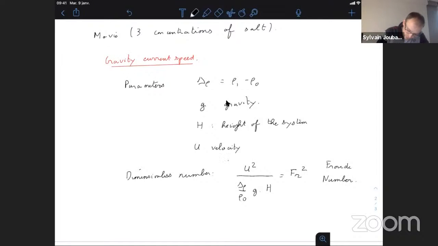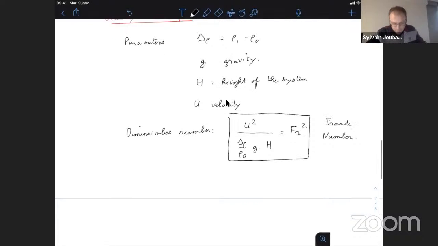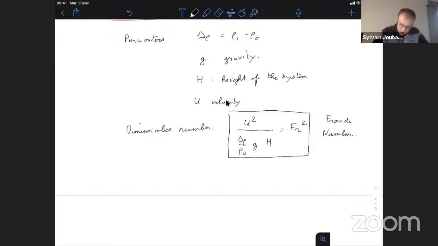This is a very important number when you study buoyancy-driven flow, which is the case, for example, for stratified flows. So that's the first thing we want to see, that we have a very simple expression for the velocity of the current as a function of the Froude number.